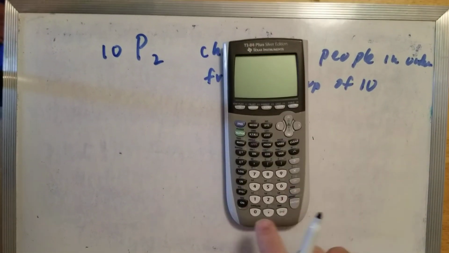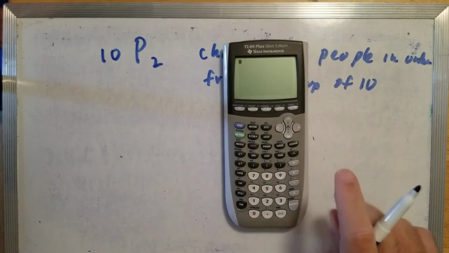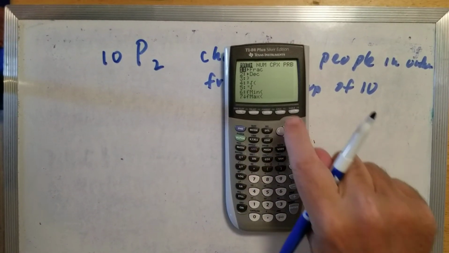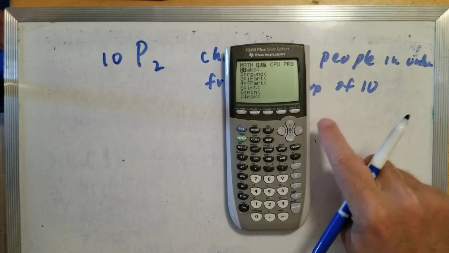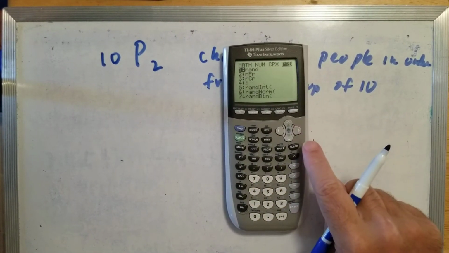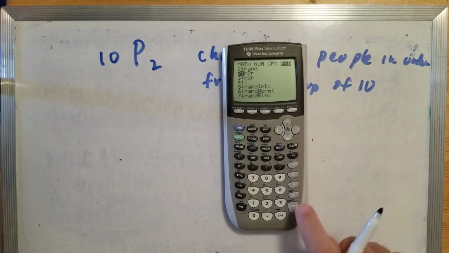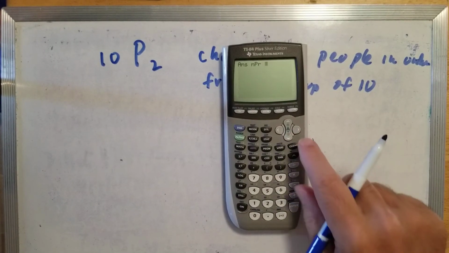Now, on the calculator, I'm going to go to Math, and we use this Math menu. We went to Num before to use the round, but now we're going to go to the thing that's called PRB, and this one is called nPr is where we're going.